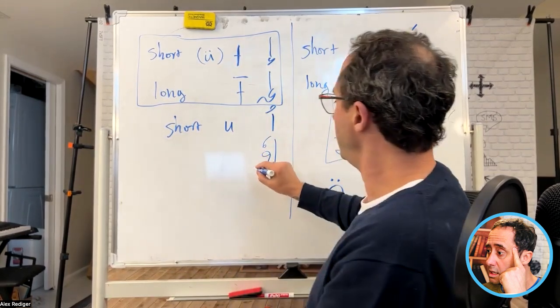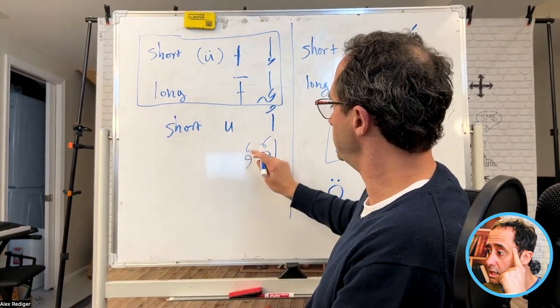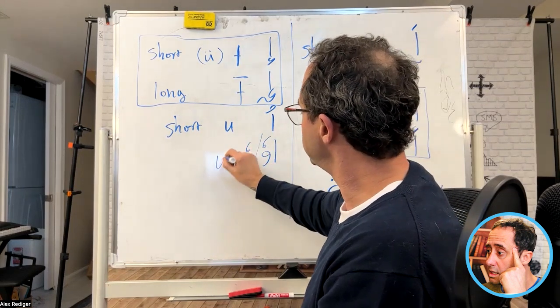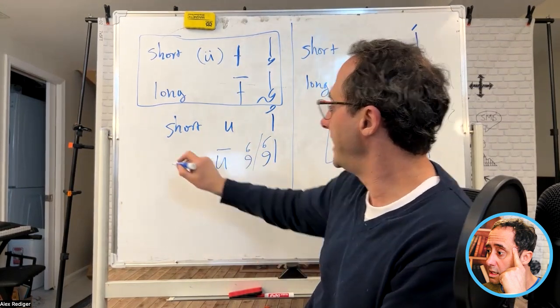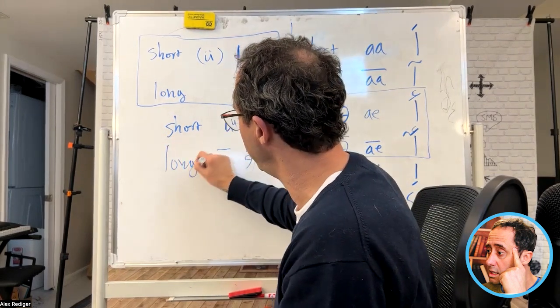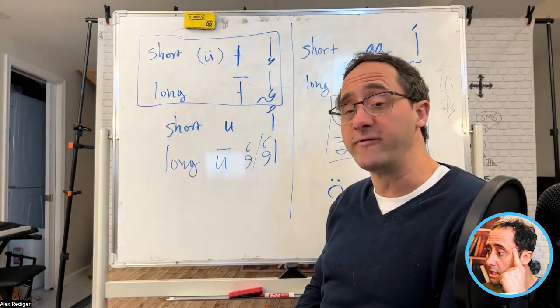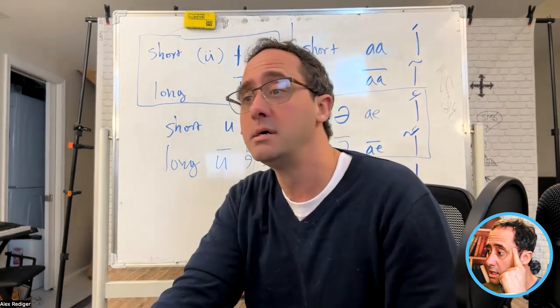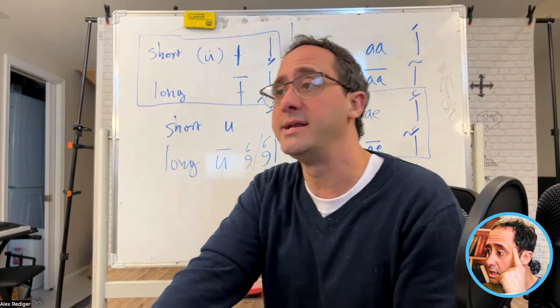Or in the middle, it would be just this part right here. That's ooh, and it's actually held long as well. It's not only long in being ooh versus oo, it's also held longer. Keep going.